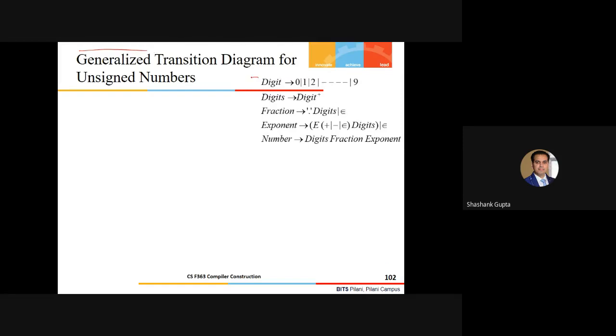Recall, some time back we saw this specification corresponding to unsigned numbers, which includes the digit part, the fractional part, and the exponent part. And the fractional and the exponent parts were completely optional, right?